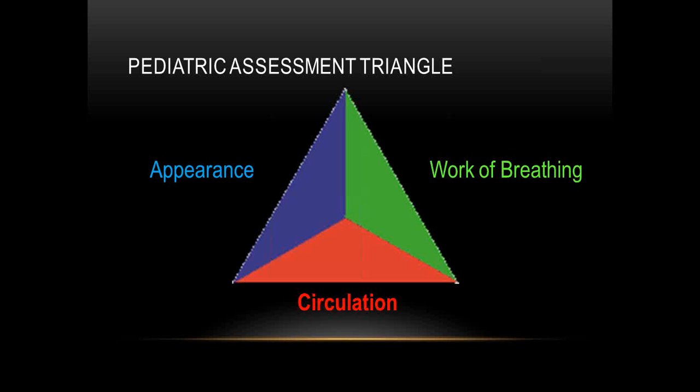If their skin color is poor, such as jaundiced or pale or bright red or cyanotic, gray fingertips and lips, or blue, those are signs that we've got a problem. So what we're looking for in these 3 areas are red flags. We're going to do that from the door.